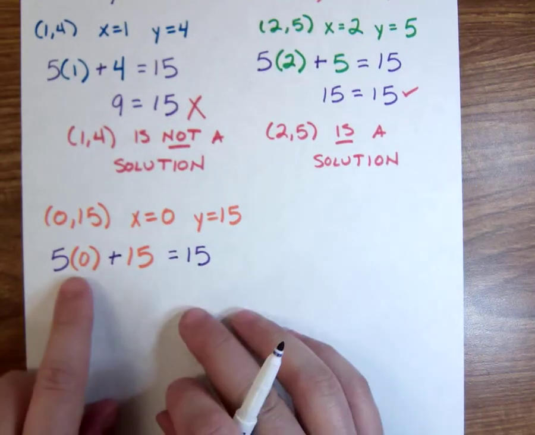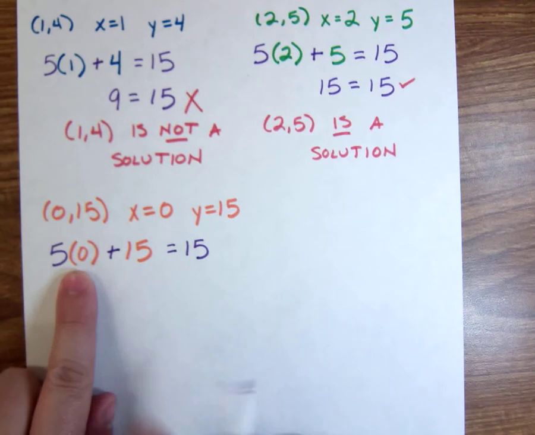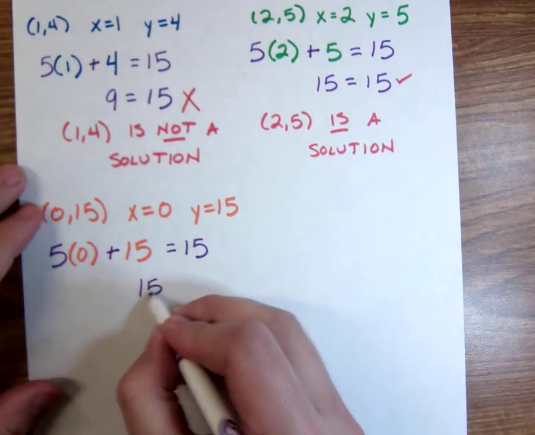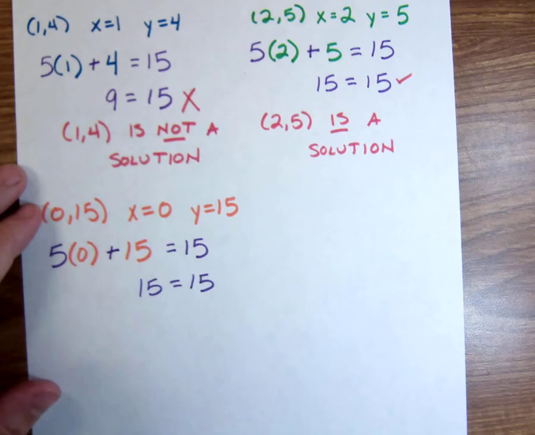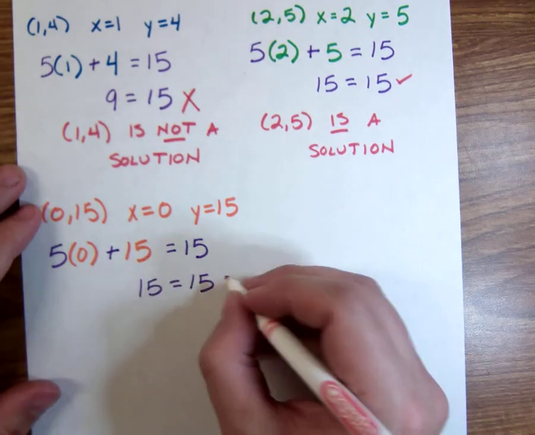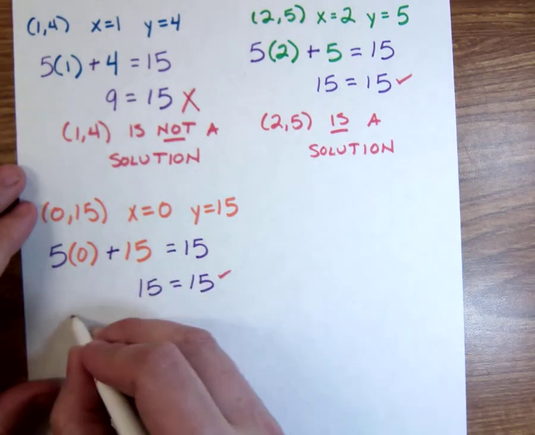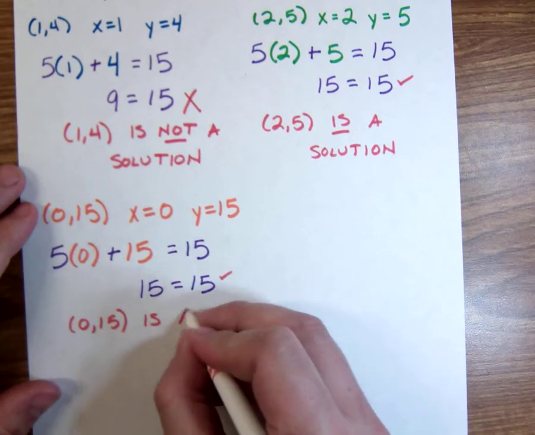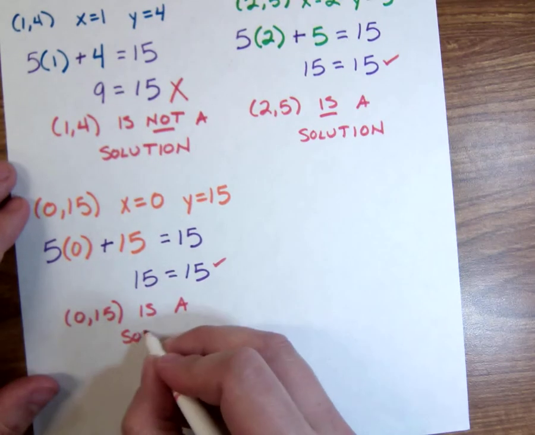All right, let's solve it. 5 times 0 plus 15. 15. So we get 15 equals 15. Lord have mercy, it's true. 15 does equal 15. Which means 0, 15 is a solution.